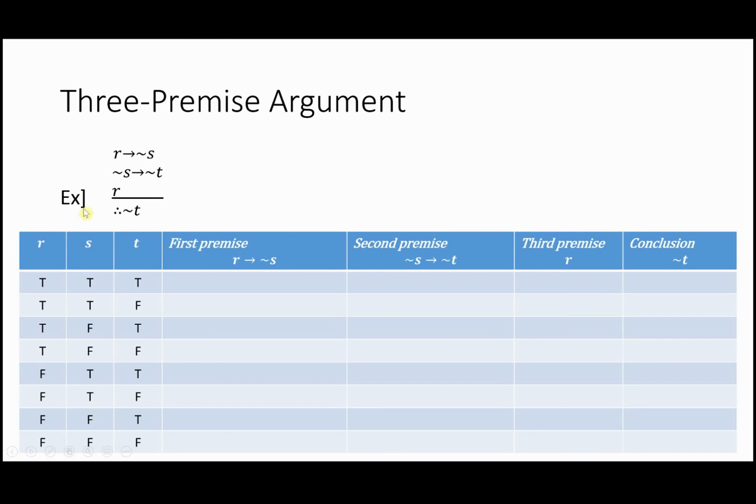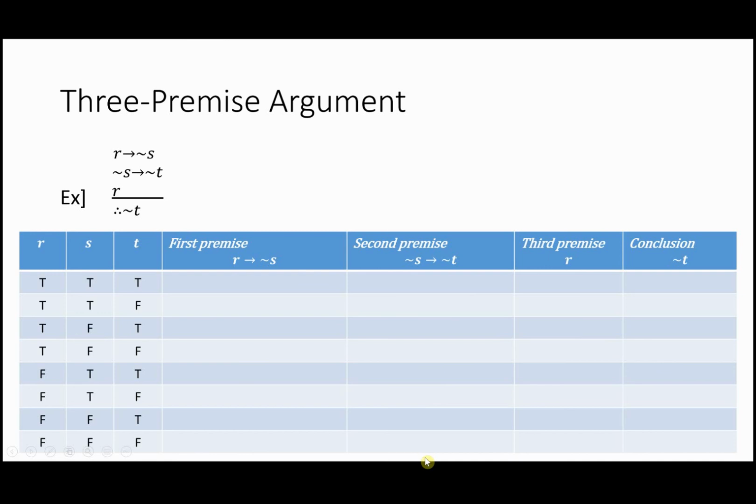Now, notice that the first premise, you got to write that yourself. R implies tilde S. Second premise is tilde S implies tilde T. Third premise is R. Conclusion statement is tilde T. So go ahead, and it might require some side work to put the first premise truth values for the entire conditional statement. Okay, you just want to have the final answers here and here, right?